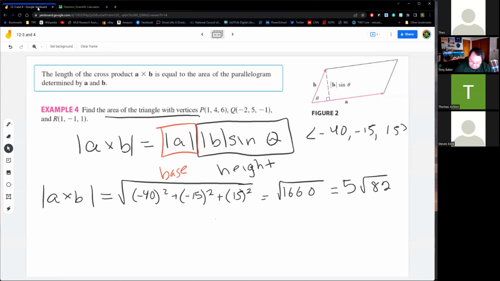And if I want a triangle, we just cut that in half. So that's the area of the triangle, where these 3 points would be 3 of the 4 vertices of the parallelogram.